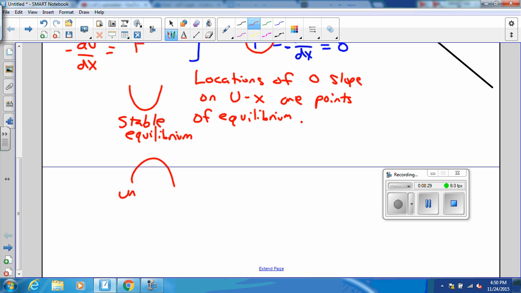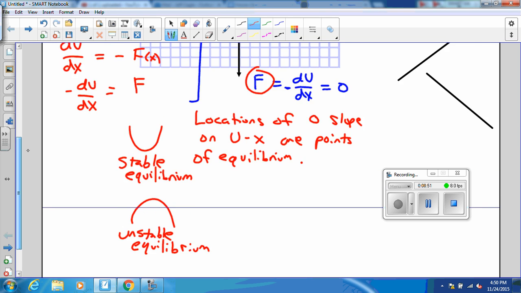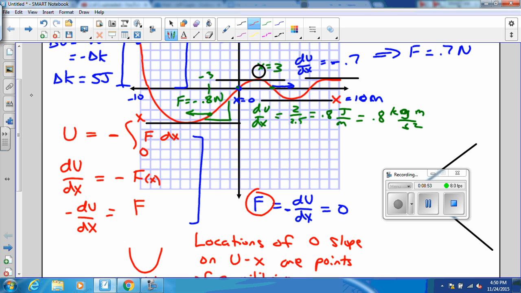So this point of equilibrium right here at x equals 2, which is concave down, is called an unstable equilibrium point, because any slight displacement sends it shooting off away from its equilibrium point. And if you think about the fact that an object at the atomic level can never be perfectly still, what that means is that an object at an unstable equilibrium point will never stay there.